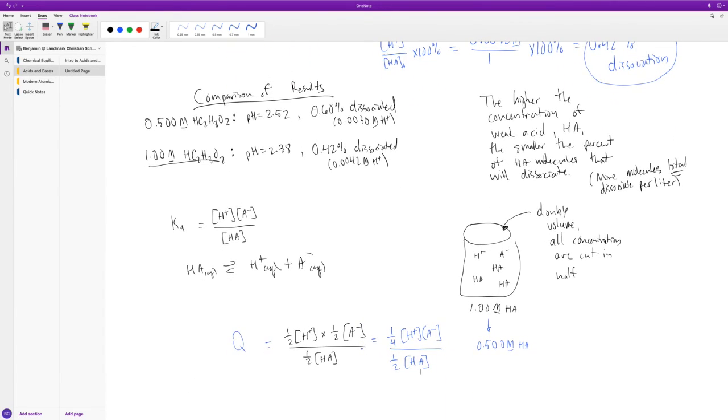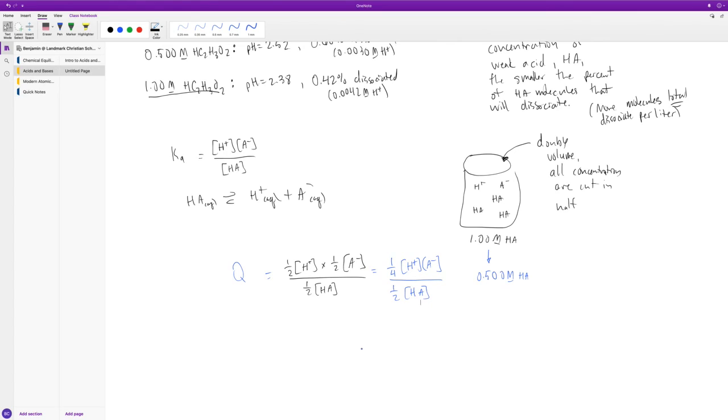And so what's 1/4 divided by 1/2? It's the same as 2 divided by 4. It's 1/2. You could think of that as 1/4 times 2. So we have 1/2 H plus times A minus over HA, which is the same thing as 1/2 of Ka. So that's obviously less than K.